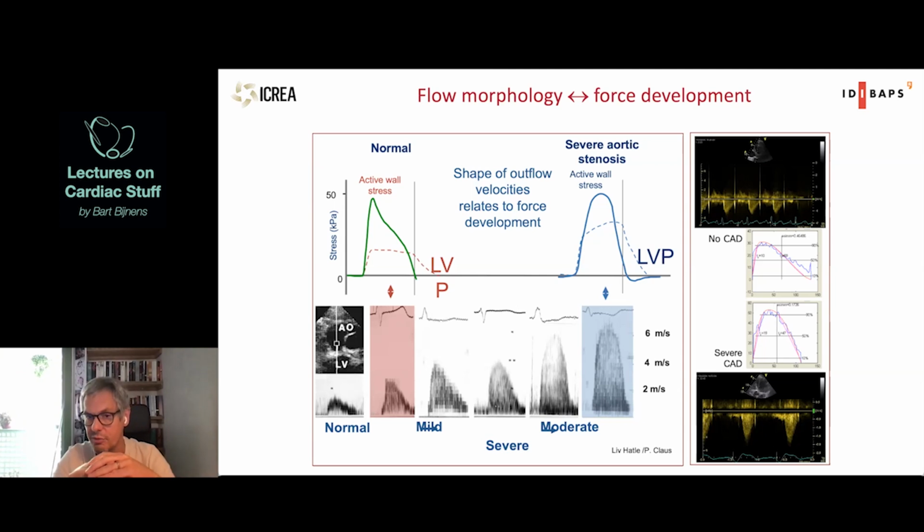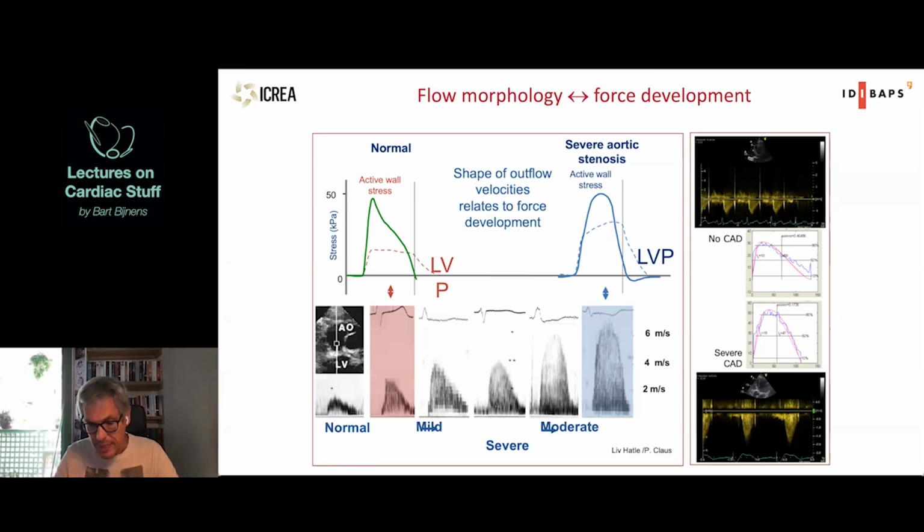And you can infer this, for example, from the velocity trends. You can partially infer this also from strain traces, of course, because as we said last time, when you have acute loading, your strain will decrease, or at least your strain rate will decrease. And if you still have enough time to do the full ejection and have enough time to do the full filling, then of course it might be that your overall strain does not change, but at least your rate of deformation will change.